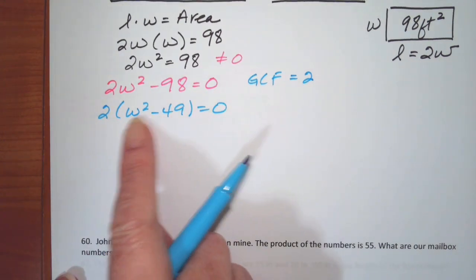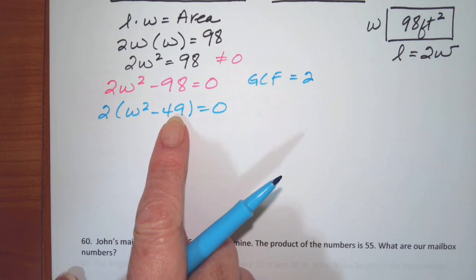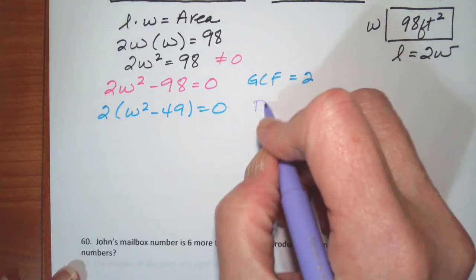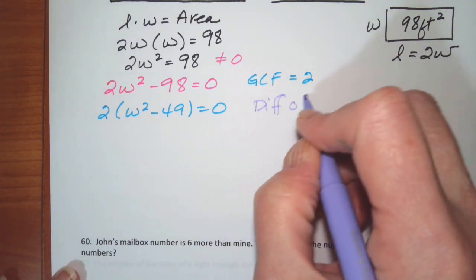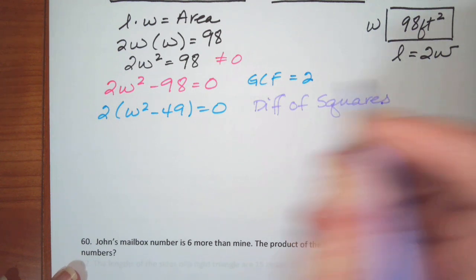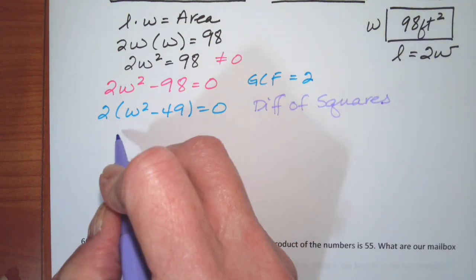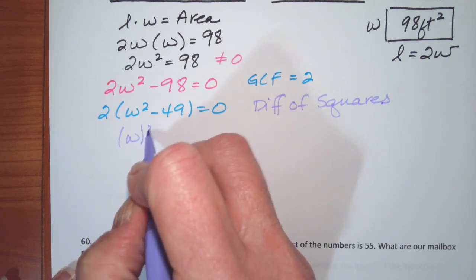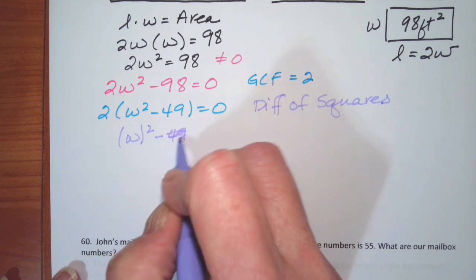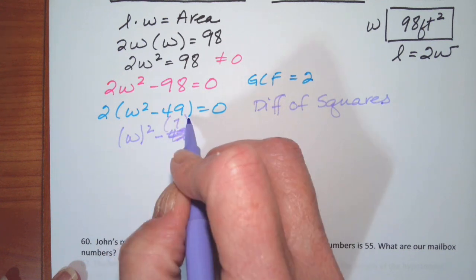Okay. Two terms, since I've already factored out the greatest common factor, the only thing I can do now is a difference of squares. Okay. So this is W squared, and 49 is 7 squared.